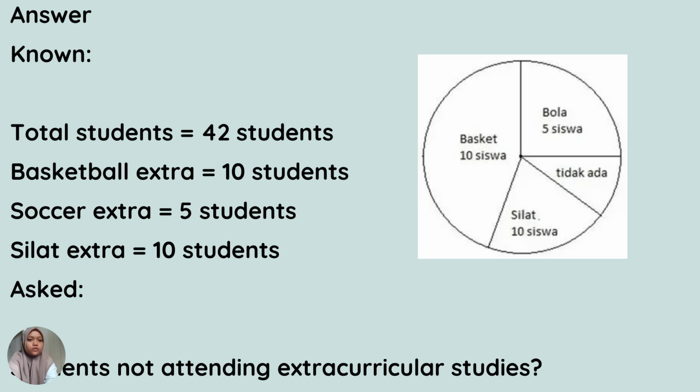The first is what is known. The total number of students is 42 students. Basketball extra is 10 students. Soccer extra is 5 students. And silat extra is 10 students. Asked: students not attending extracurricular activities.